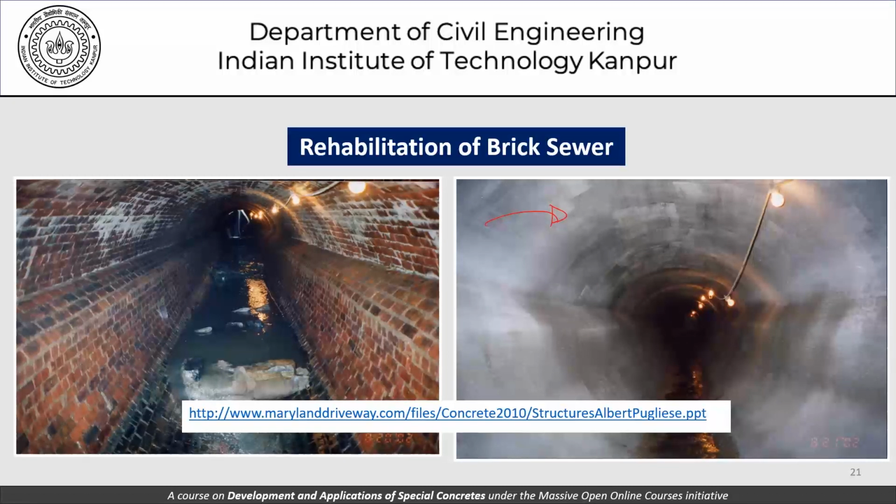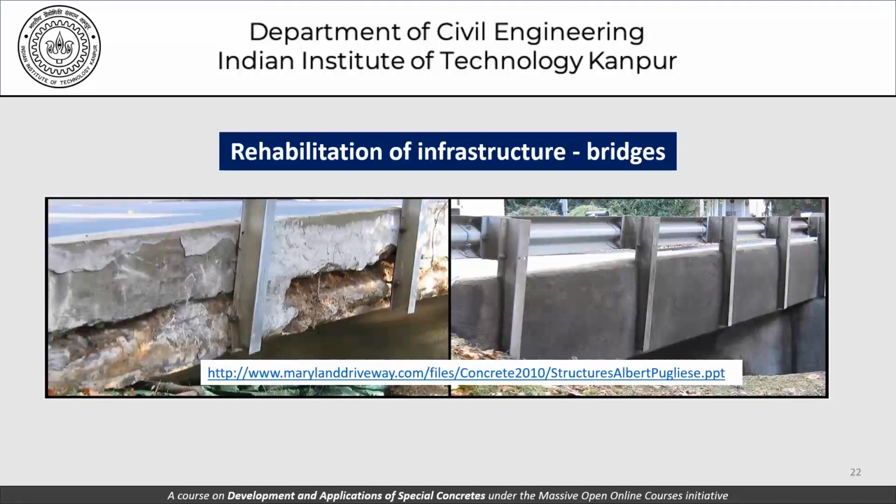And then of course we have the rehabilitation of infrastructure, maybe bridges, where we can see this kind of deterioration, and this is the picture which we have after a deposit of shotcreting, not necessarily on this surface alone, but after the loose concrete and everything has been removed from here, maybe additional reinforcement has been placed in position, and then carrying out the shotcreting operation.